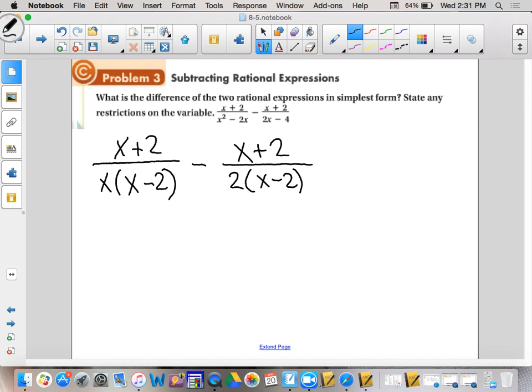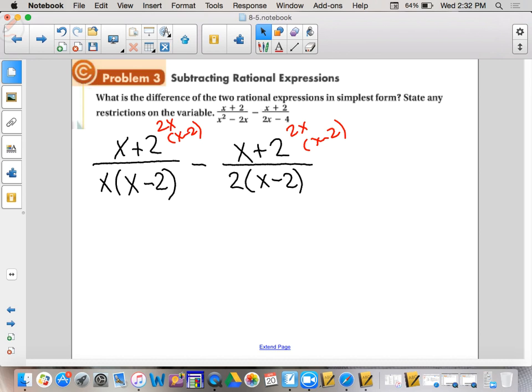Correct. When do you change the sign? Next step. Okay, so I need a lowest common multiple. 2x times x minus 2, 2x times x minus 2. That's my lowest common multiple.